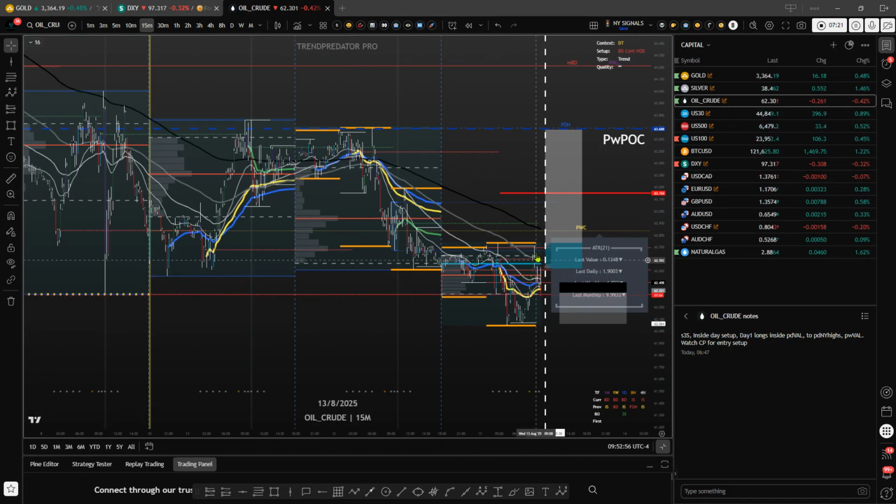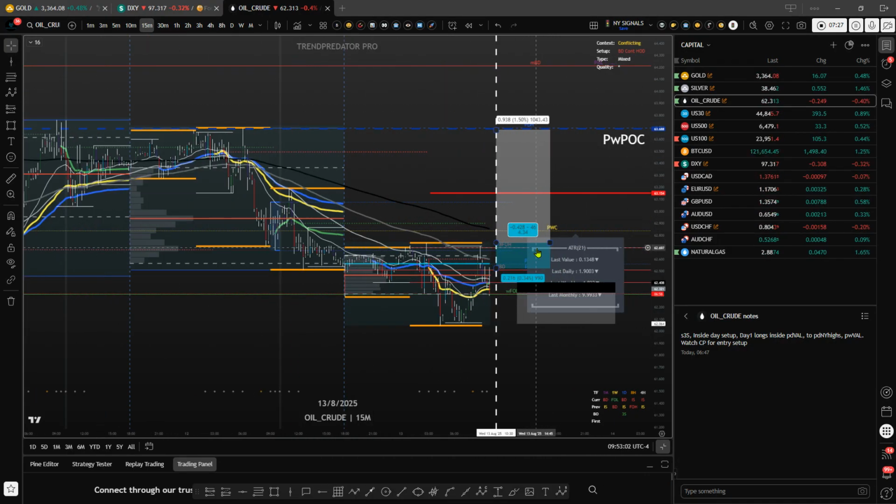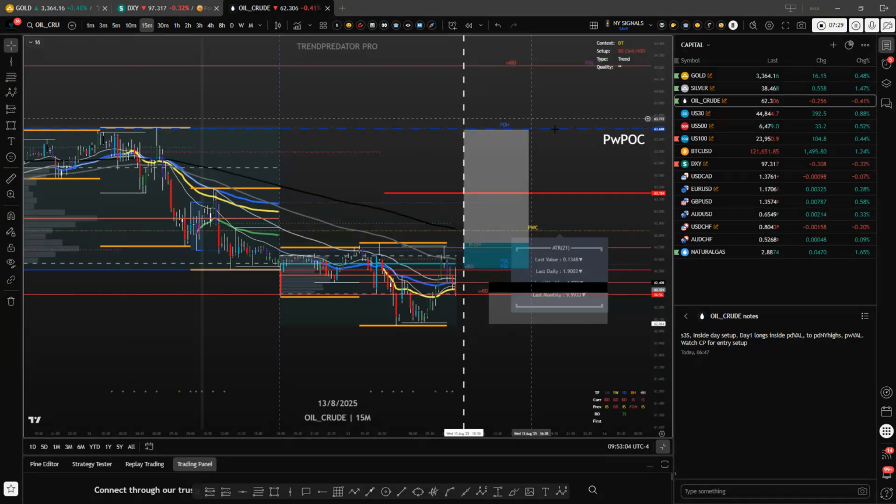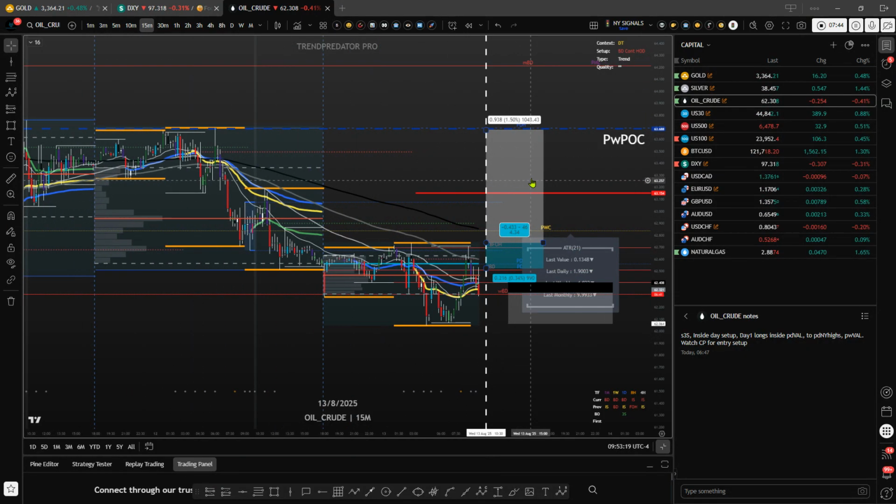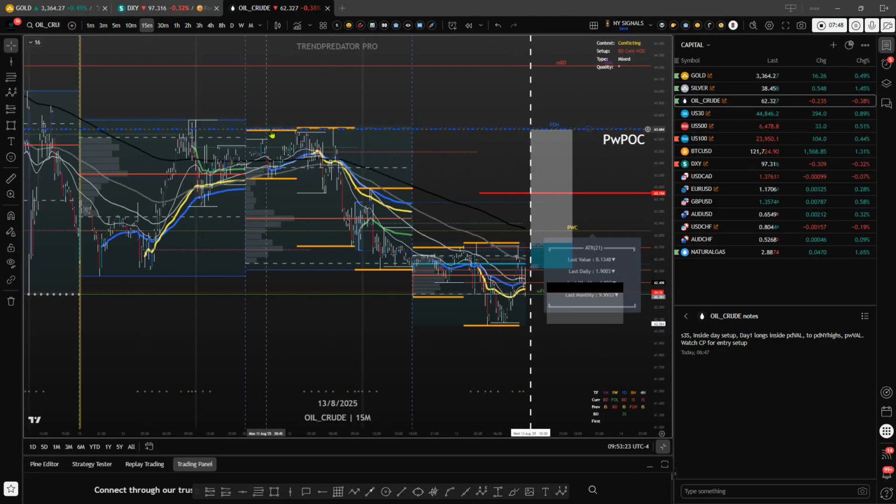So the first day of longs on a day 3 of the week, a day 3 squeeze, first day of longs, so day 1 longs. We would want to take that above the Asian highs. So the closing price there is significant as well. So if we get back above that closing price, then prospects of a short squeeze up into the previous week's point of control, which is essentially yesterday's high.